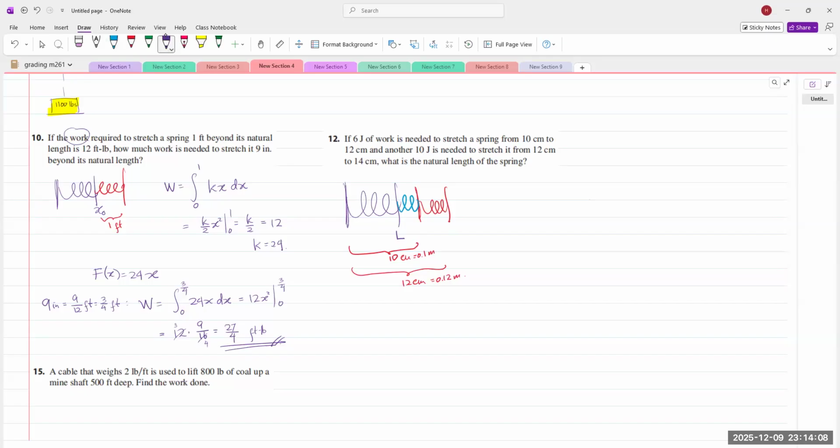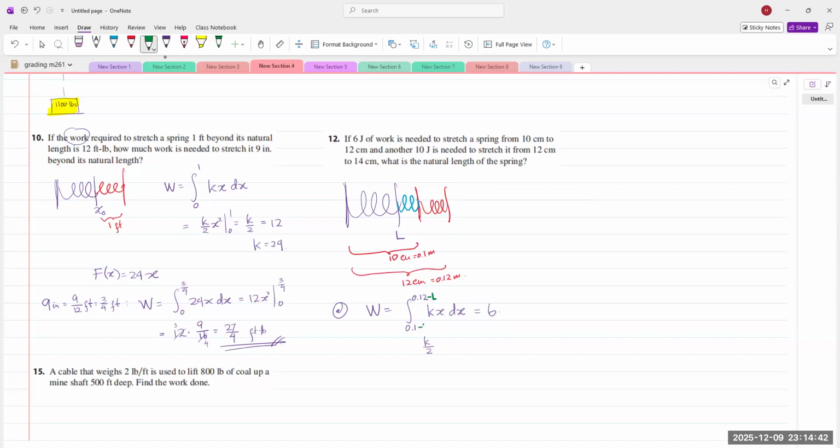Okay, now then the work is the integral from 0.1 to 0.12 of kx dx, is it right? It says that this is actually 6 joules. Okay, so this is k over 2. Oh, I'm sorry. I need to account for the natural length. So I need to subtract L here. I almost forgot that.